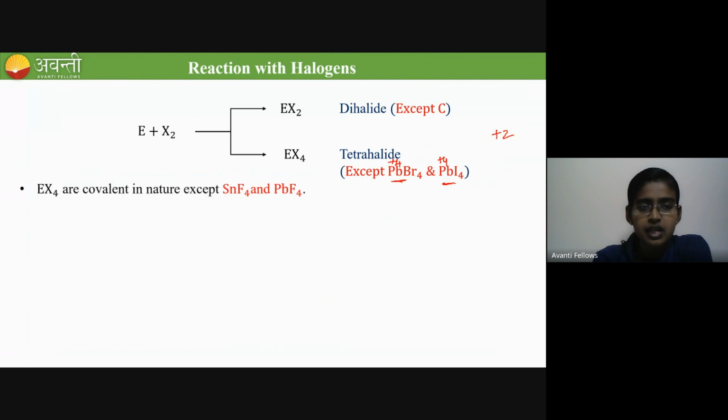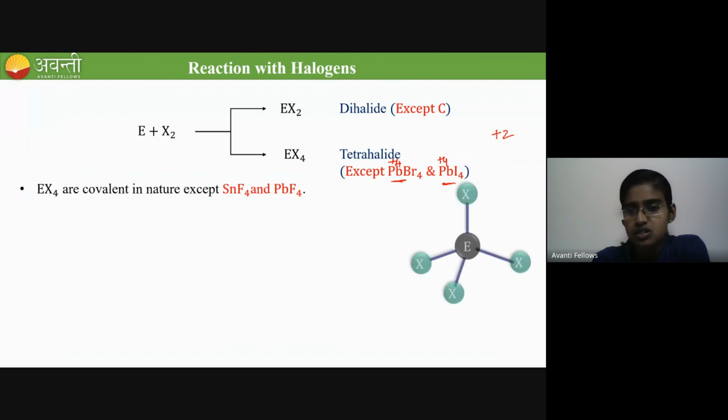Coming to the tetrahalides, EX4, the tetrahalides are covalent in nature except tin and lead again. They are not stable, so they are not covalent in nature. And this is the structure of the tetrahalide. They form 4 covalent bonds and the hybridization of the central element is sp3, so the geometry is tetrahedral.